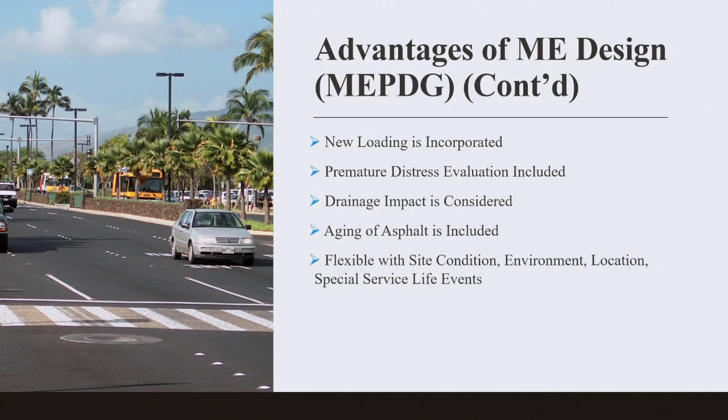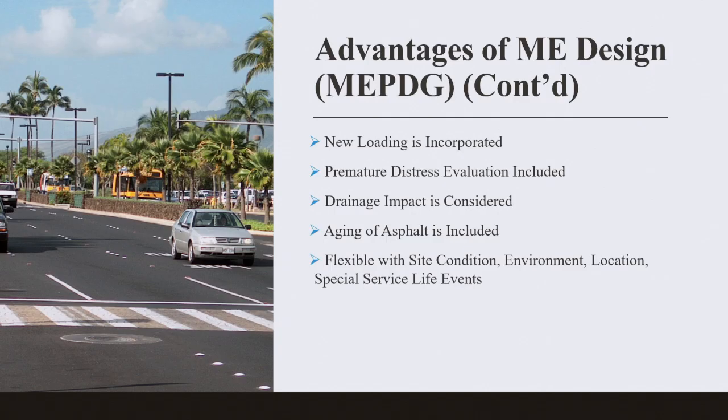So current loading systems, we now understand loads. Premature distress evaluation is also included. Drainage impacts are seriously included. In Road Note 31 and even AASHTO and some of the other designs, we have only some drainage parameters, M1, M2, if you recall.